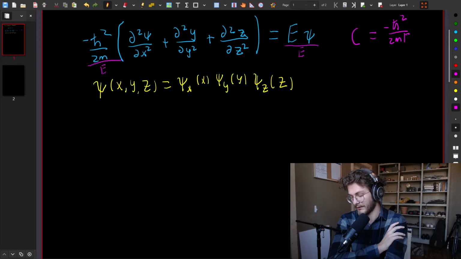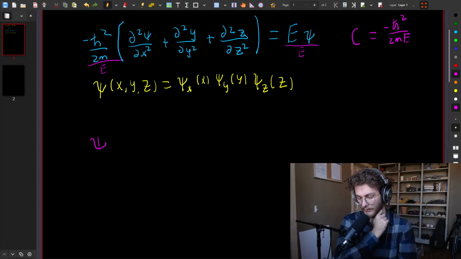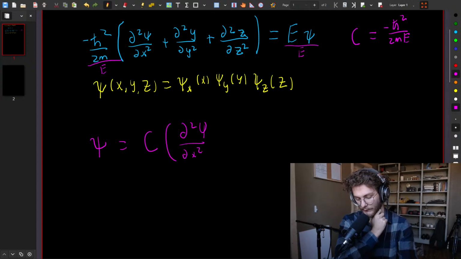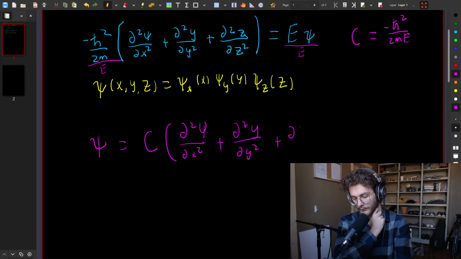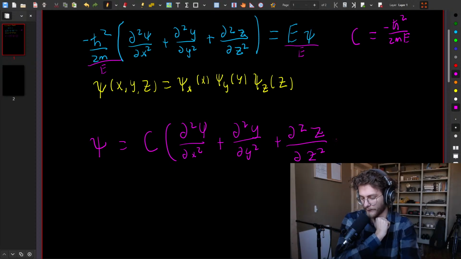So we can get psi equals C times partial squared psi over partial x squared plus partial squared psi over partial y squared plus partial squared psi over partial z squared. And that is, well, it's a differential equation.